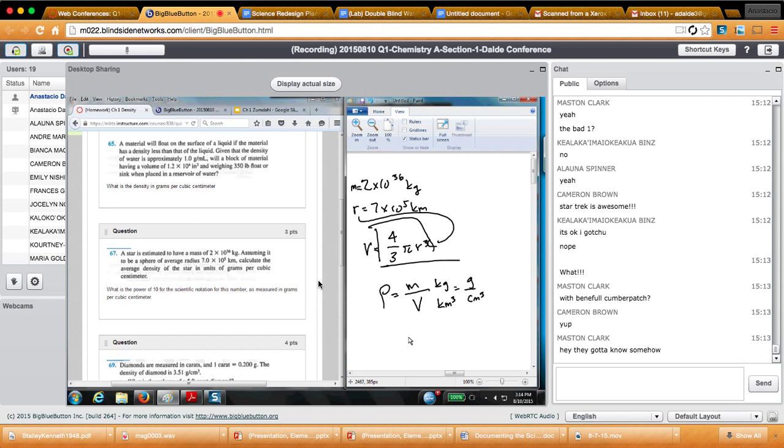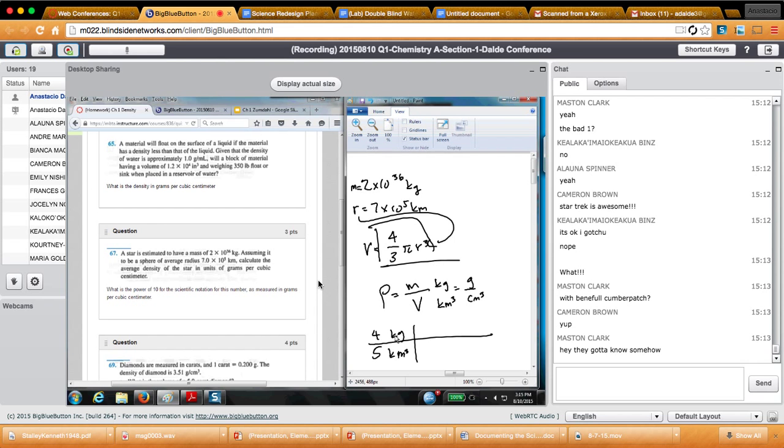Let's pretend that your volume is 5 kilometers cubed. It's not, but let's just pretend. Then let's make this 4 kilograms divided by 5 kilometers cubed. I'm just making up some numbers because I'm too lazy to calculate it.